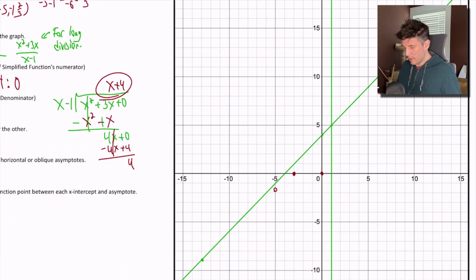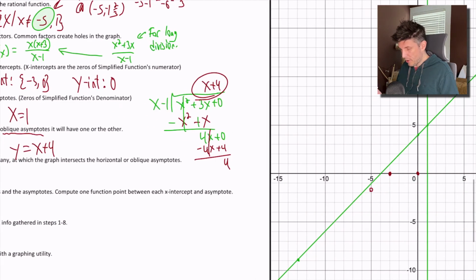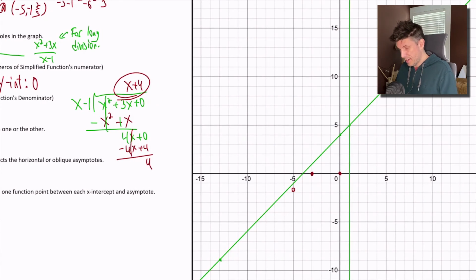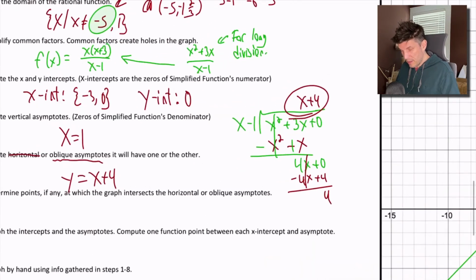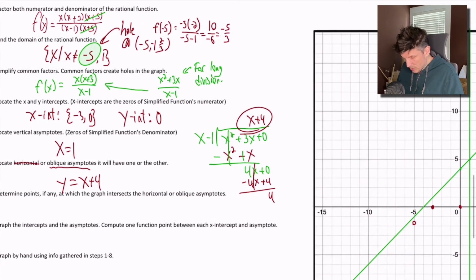So those are our two asymptotes. So we have the end behavior model is a line, right? It's y equals x plus 4. And now they want us to determine if our graph actually crosses our end behavior model. So you could take the simplified and set it equal to the end behavior model.